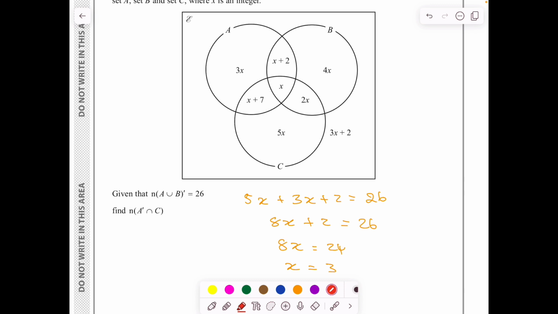So I don't want any of that. I don't want anything that also, sorry, not A and C. So I don't want that. I don't want this bit here.